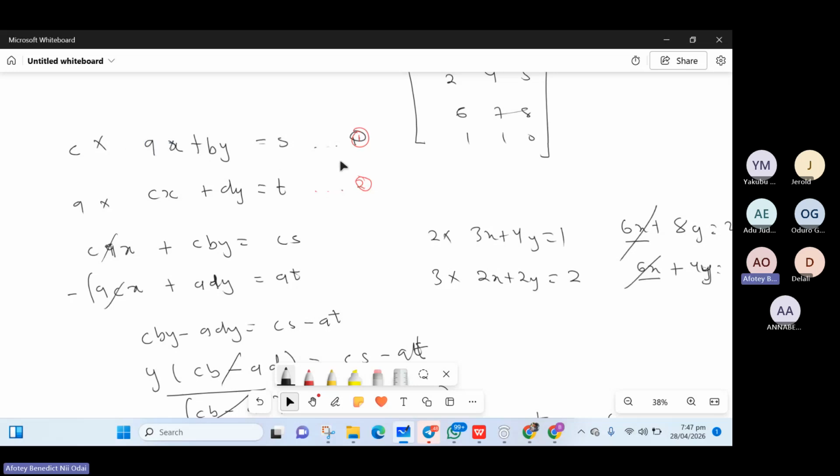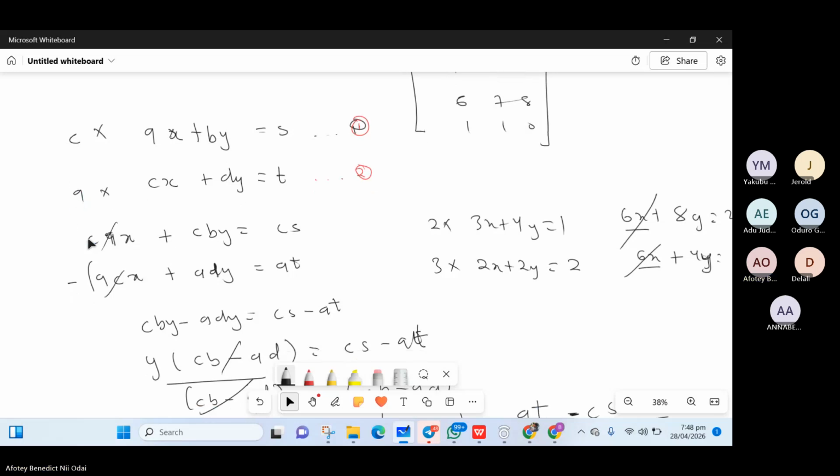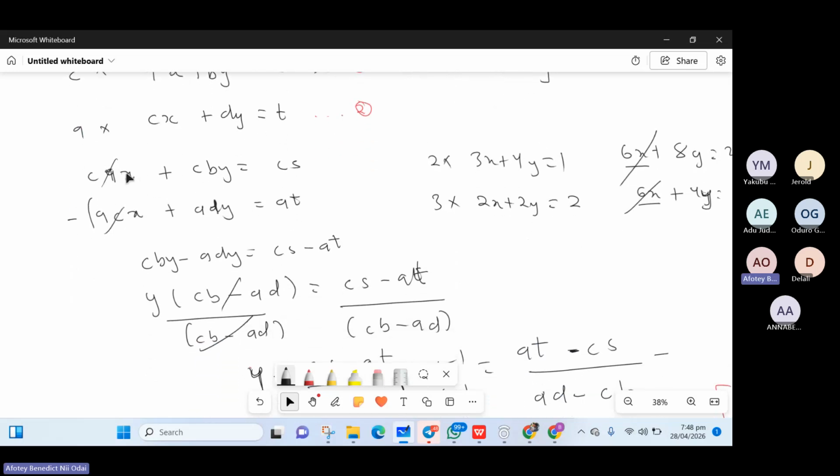We multiplied the first equation by C and the second one by A. So this was what we had. We subtracted, cancelled out, and got our value for y.